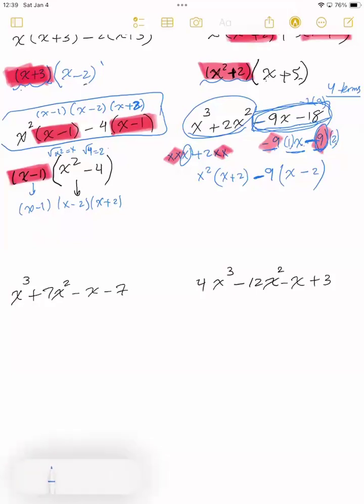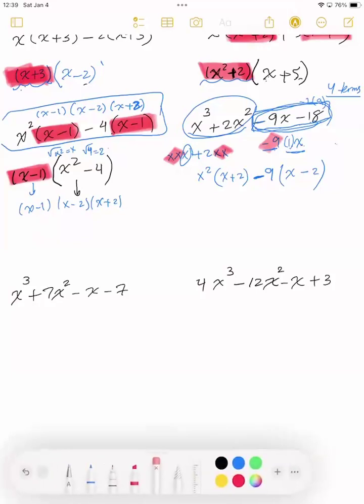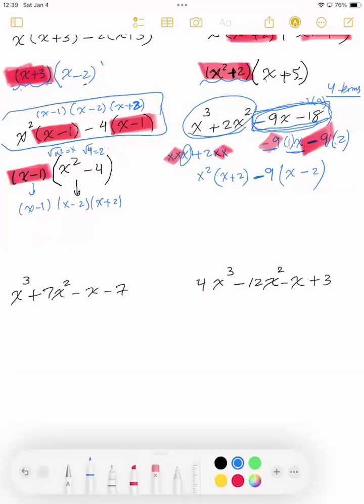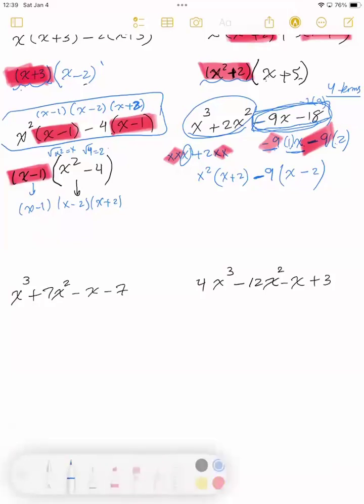And again, I am making a mistake here. I'm just going to do the following. This is a minus. I write 18 as 9 times 2. When I factor out the common factor negative 9, I get 1x, and then I get plus 2, because the negative 9 is here.